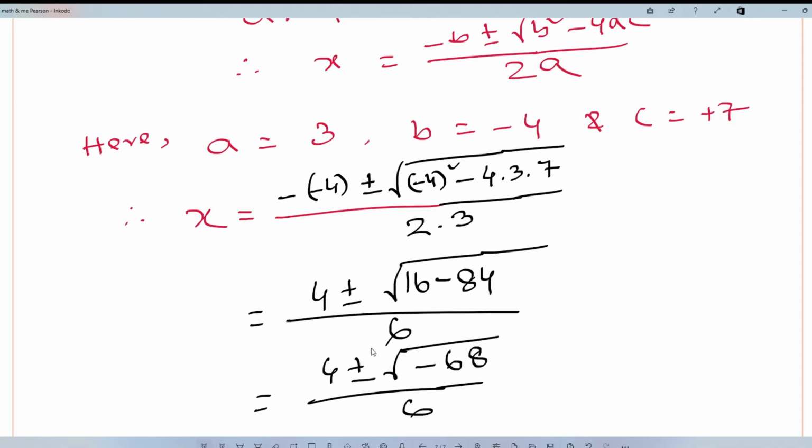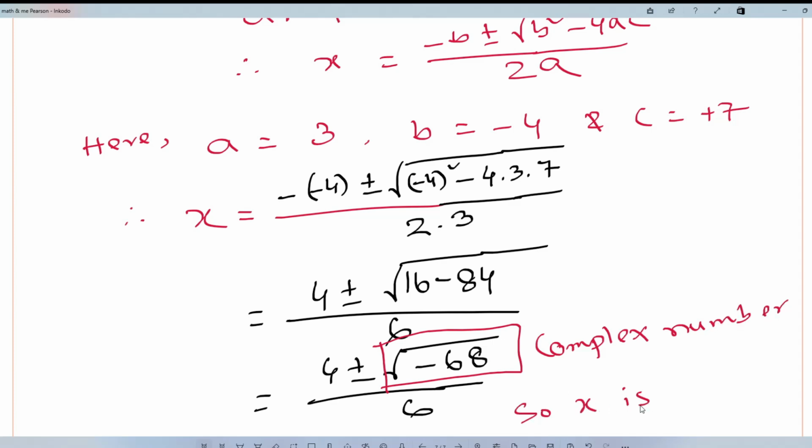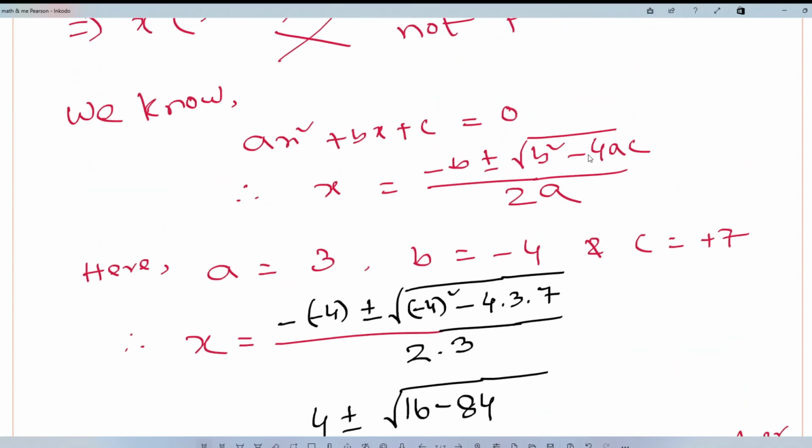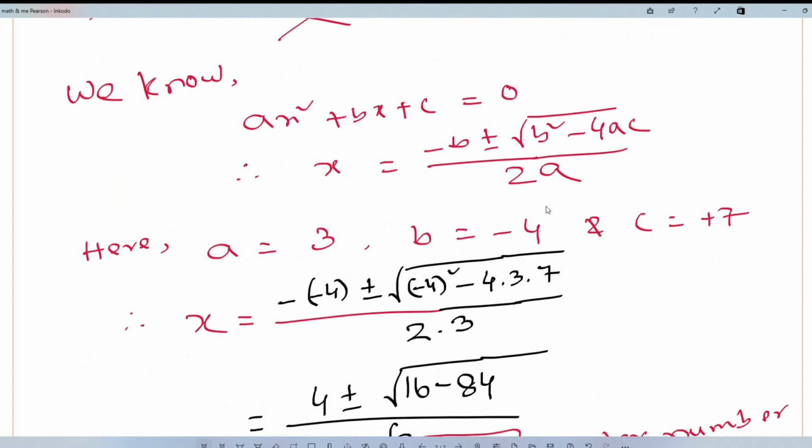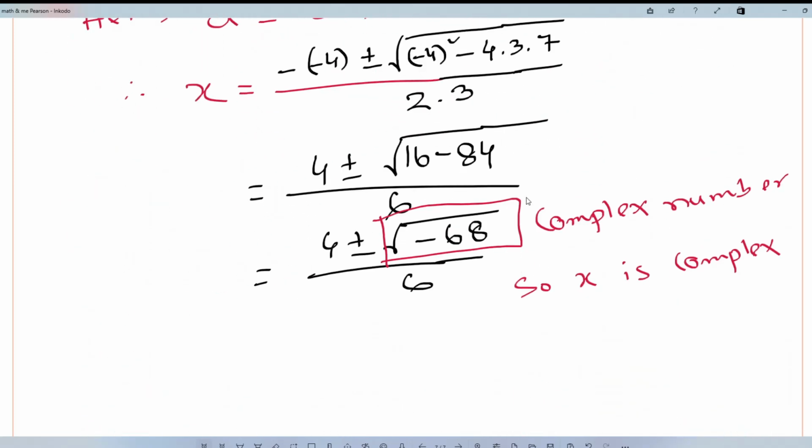Look, this one is a complex number, so x is complex. Okay, hope you understand this one. The answer is 4 plus minus root over minus 68 by 6. This is the answer, but this one is a complex number. We should mention this is a complex number.